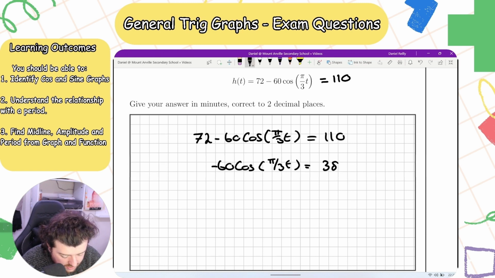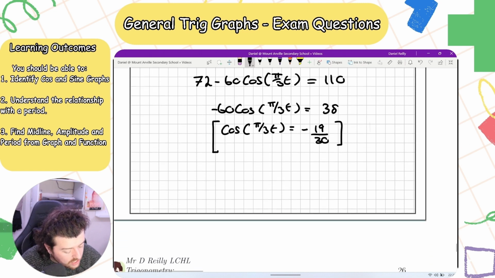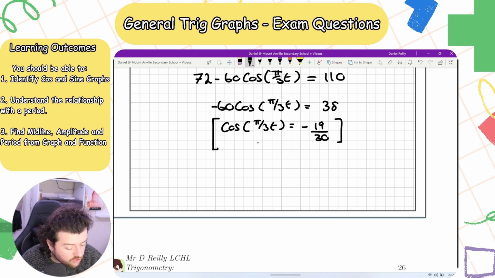38 divided by minus 60, so cosine pi over 3t is going to be equal to minus 19 over 30. Now I have my regular trig equation. Again, you could convert this to degrees if you wanted to, but it's just easier to work in radians. So, CAST.